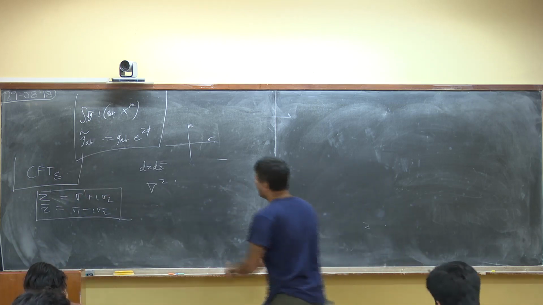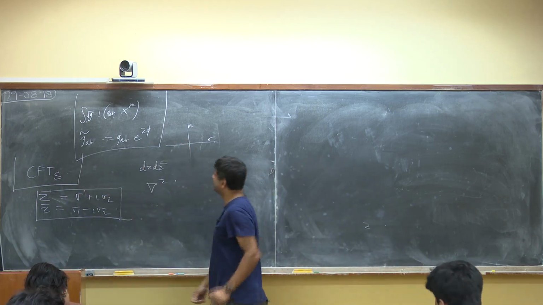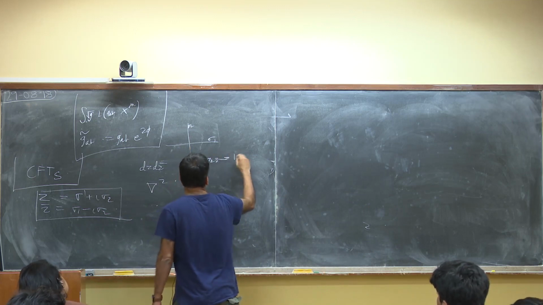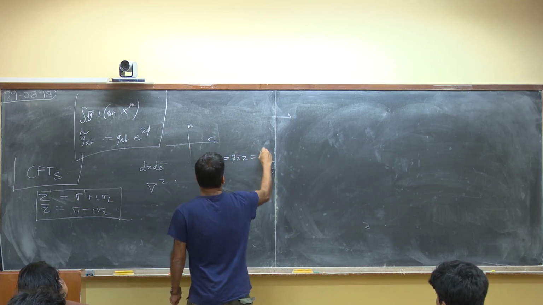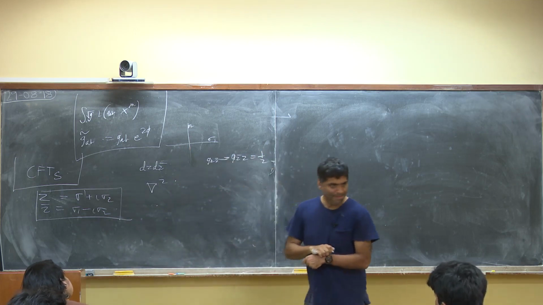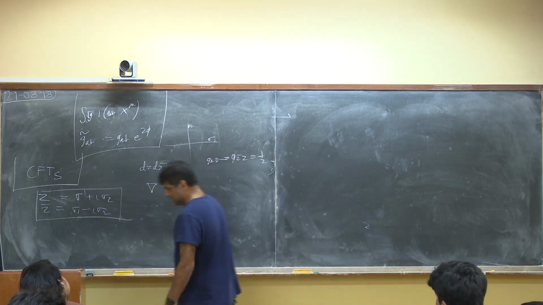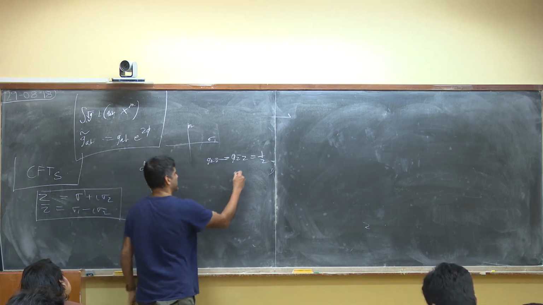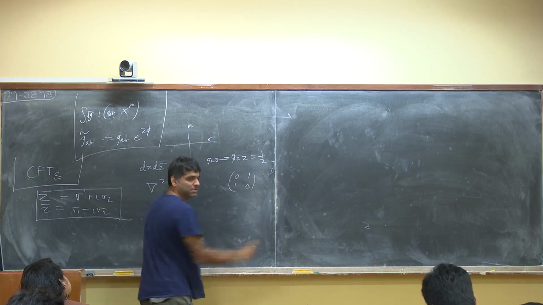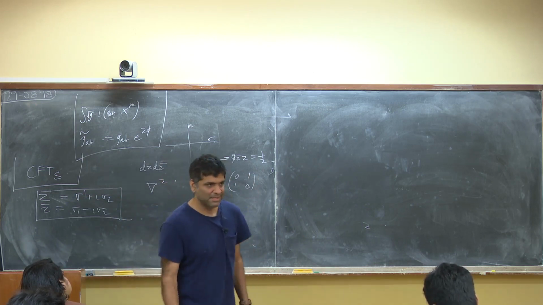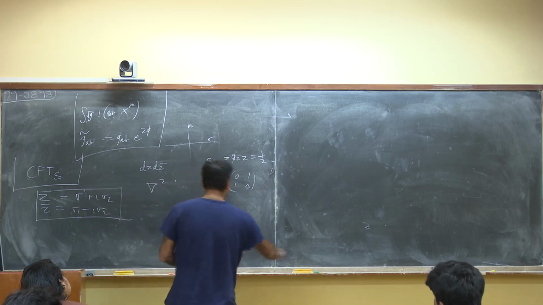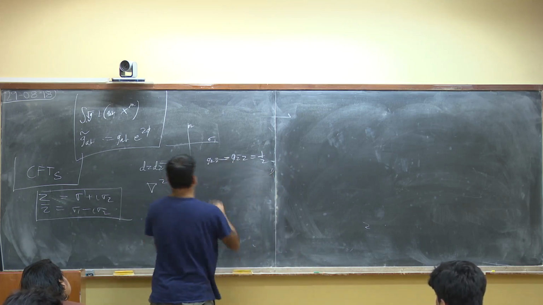So the line element is dz dz bar, which means that the metric g_{z z bar} equals g_{z bar z} equals half. Now when you invert a matrix which has 1, 1, 0, 0 it is its own inverse. So if you've got half, half, 0, 0, then the inverse will be twice that.